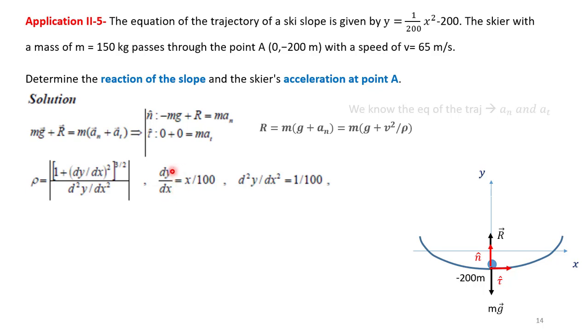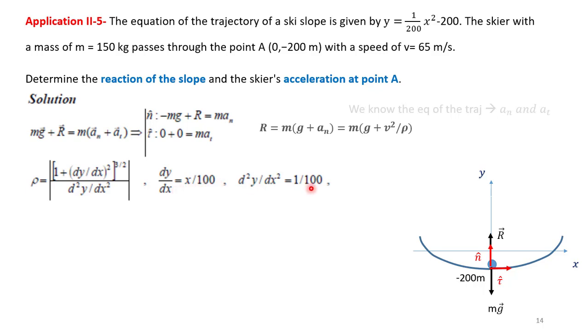So what is dy over dx? We have to use the equation of the trajectory, which is y equal 1 over 200 x squared minus 200. We have to derive y with respect to x. It will give 1 over 200 times 2x. This means that we have 1 over 100 x, and this is dy over dx. Now, d2y over dx squared is the derivative of dy over dx with respect to x, so we have to derive x over 100.